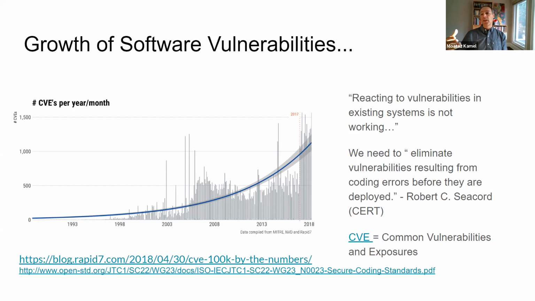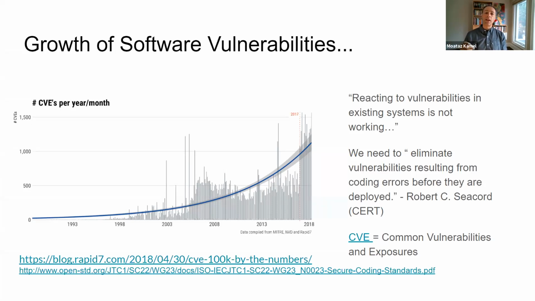So one of the comments here that I pulled from Robert Seacord from CERT, which is a secure coding standards body, is that reacting to vulnerabilities is not working. There's so many vulnerabilities that they're reacting to that they need to eliminate those vulnerabilities resulting from the coding errors before it's deployed.